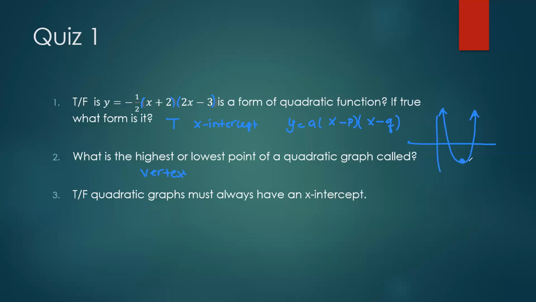Your vertex is here, which would be the lowest. It's also called your min. Sometimes they'll ask for min or max. So whenever they say min or max, you know it's vertex related. And if it's concave down, the vertex would be right here, and that would be your max.